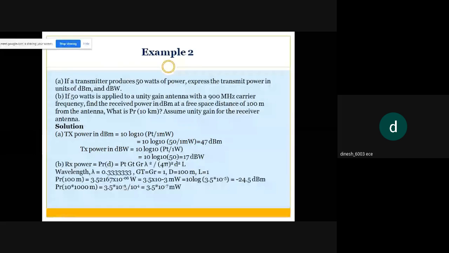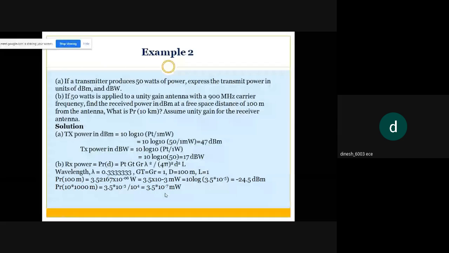So 3.5 into 10 power minus 3 divided by 10 power 4. You will be getting 3.5 into 10 power minus 7 milliwatts. This is the solution for 2B.